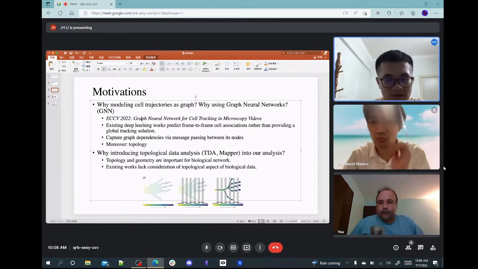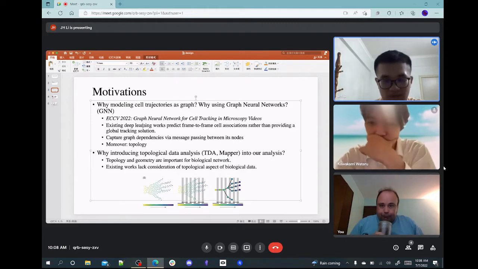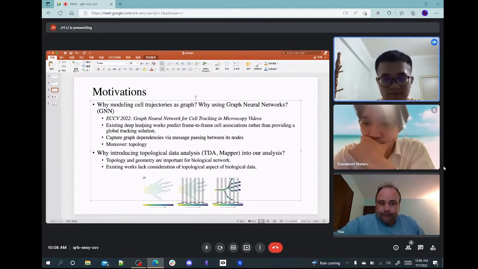For example, the existing deep learning works only predict frame-to-frame cell associations rather than providing a global tracking solution like what I introduced before. And the globally tracking solutions have been provided by some classical methods instead of deep learning methods.